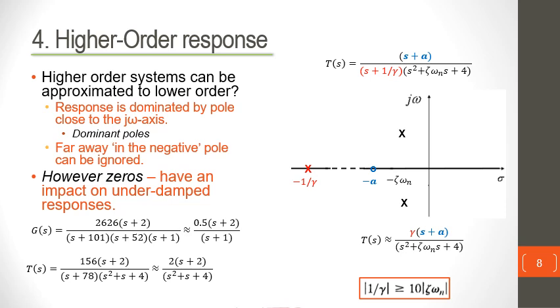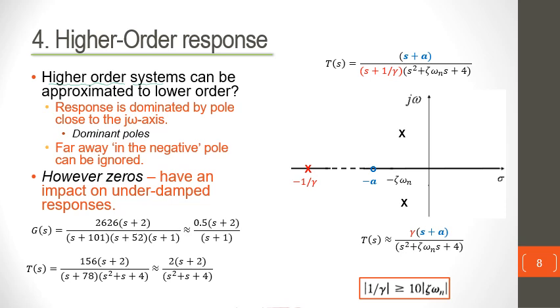We now turn our attention to generic higher order systems, having got the basics of how the first order systems work, and then second order systems. We have learned, or reminded ourselves of these lower order systems because it turns out that higher order systems can be approximated using equivalent lower order systems for the purpose of analysis.